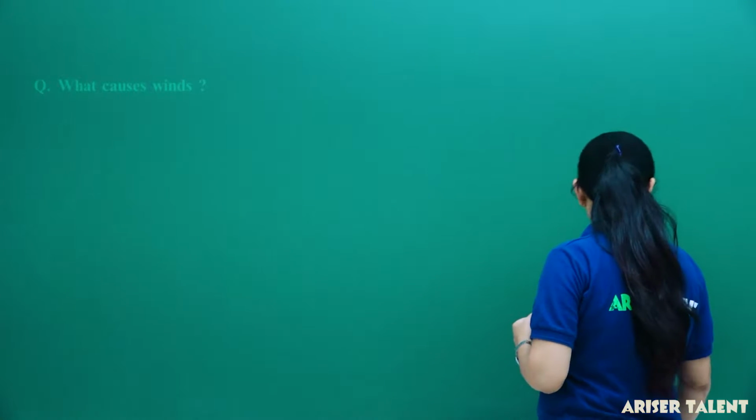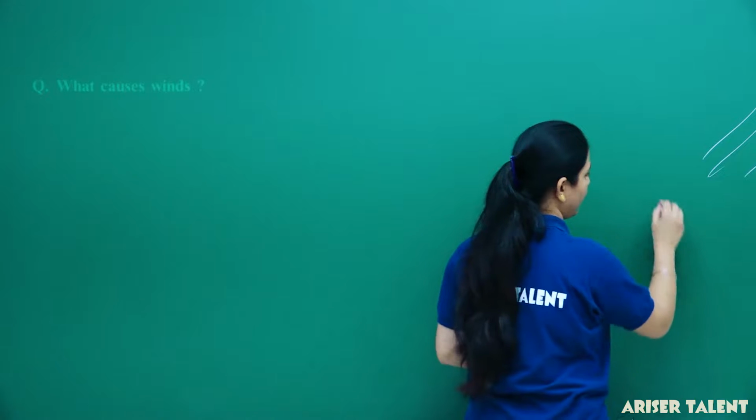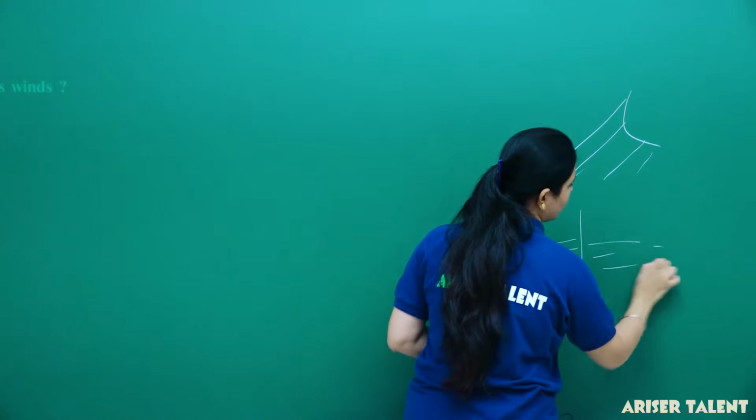Here we can see the diagram. When the sun rays fall on the earth, this is land and here is a water body.